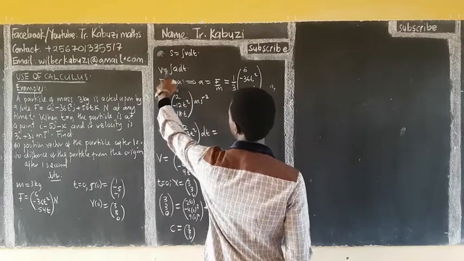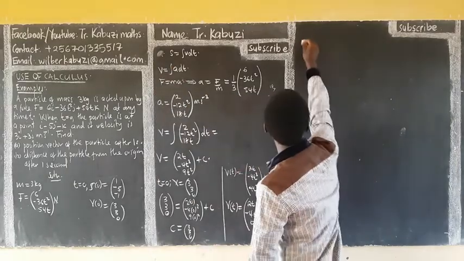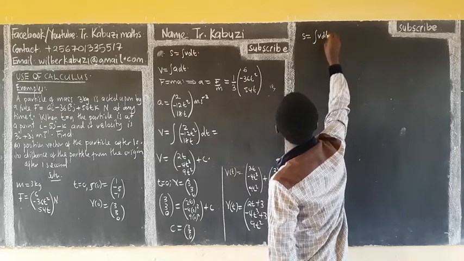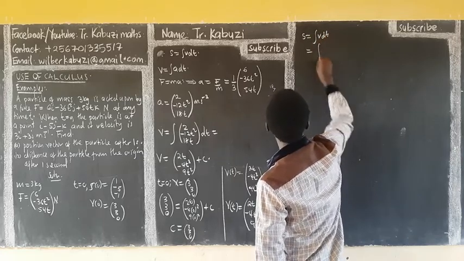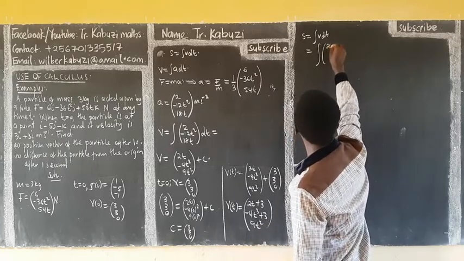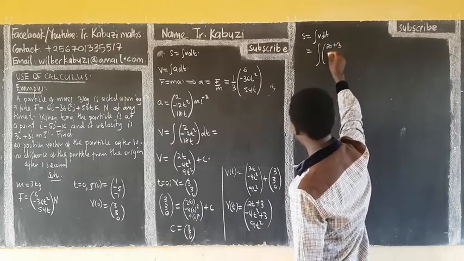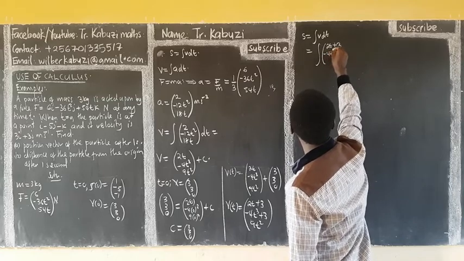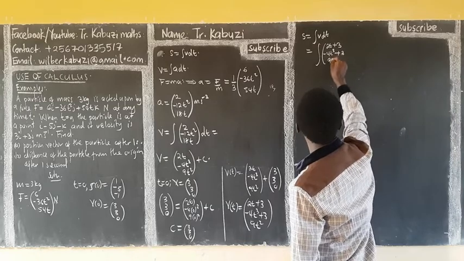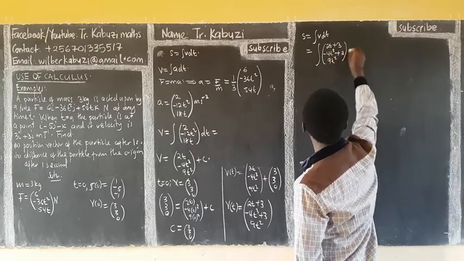Remember, you're interested in getting the displacement. So our s is going to be the integral of v dt. When we put in our v, which is 2t plus 3, then negative 4t cubed plus 3, then 9t squared, dt.